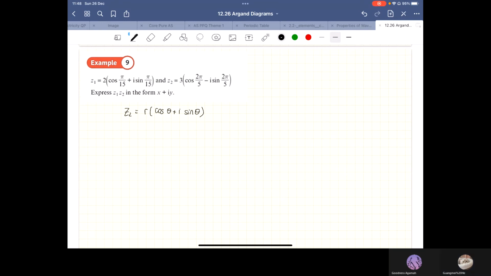Okay. This would be cos of negative 2 pi over 5, which is equal to cos 2 pi over 5, and sine of negative 2 pi over 5 is equal to negative sine of 2 pi over 5.